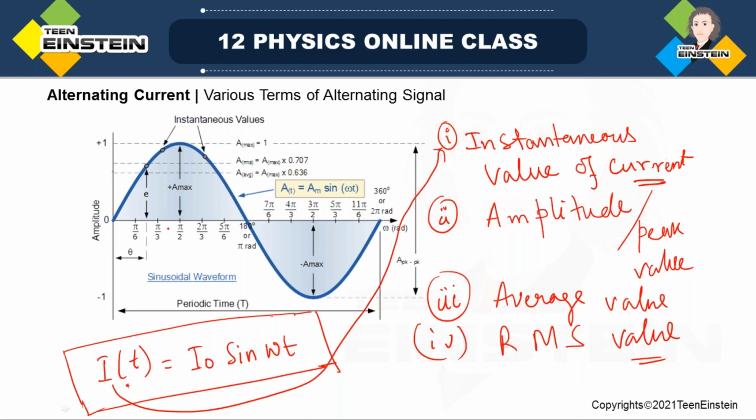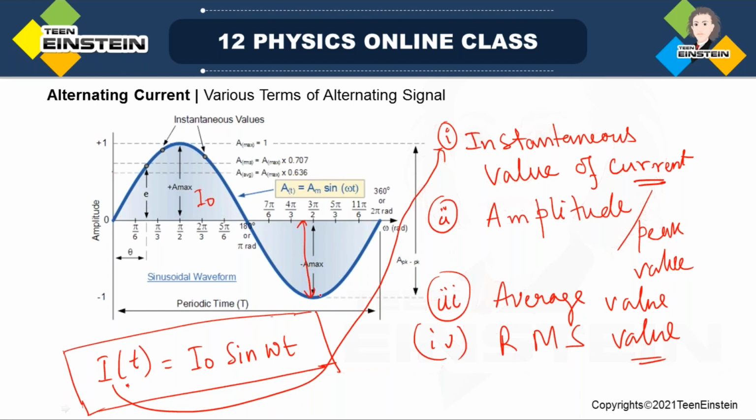Or simply you can say the maximum value any wave attains is called the amplitude. Here it is written as a max. I can just tell you this as I max or I0. We have denoted it as I0. Not peak to peak value, this is called amplitude.